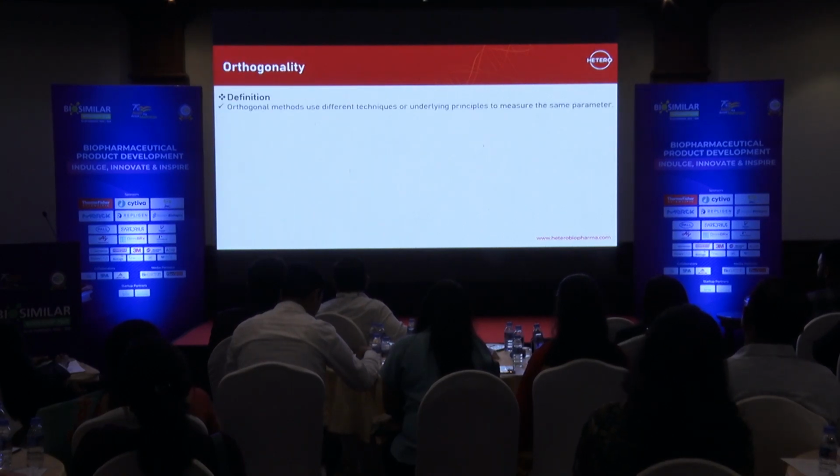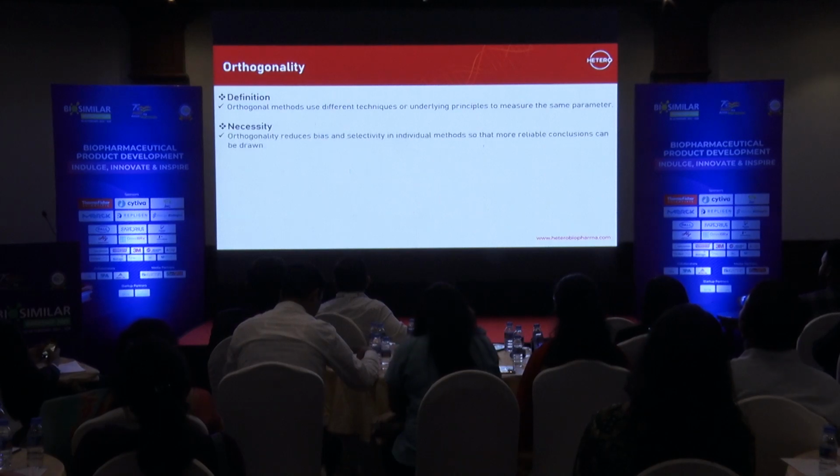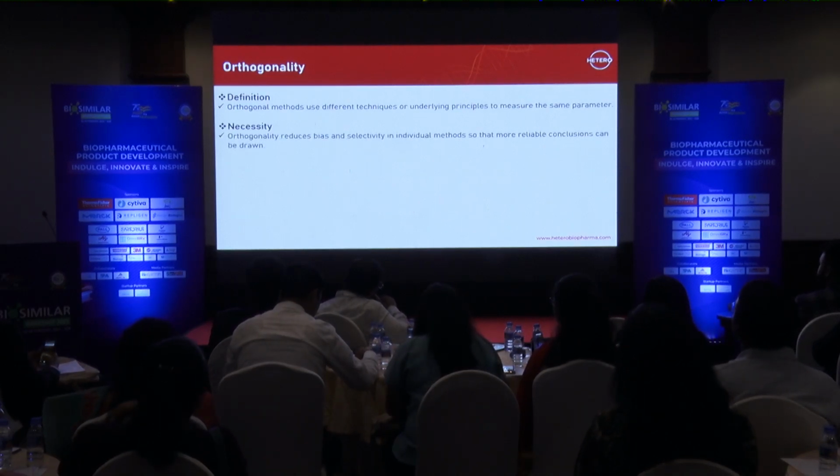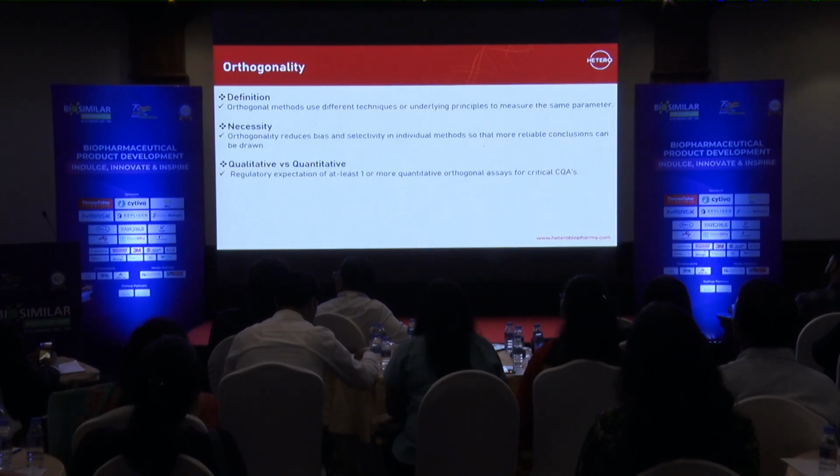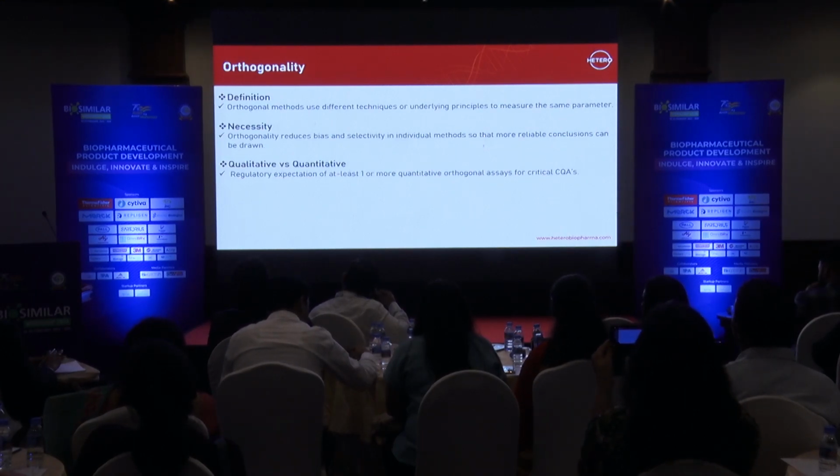Just to quickly tell you what orthogonality means: you should always use more than one technique. It is just because different techniques may have different principles, like we just saw for AUC and SEC. It may tell you a different story about your molecule, which is very important. The regulatory is expecting at least more than one quantitative assessment, but it is always a challenge and a debate where structural assessment is concerned, because structural assessments are mostly qualitative in nature.